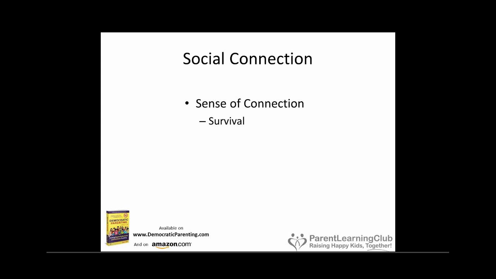This is almost the mother of all needs, especially for children, because children are innately dependent on adults for their very survival. Their survival is dependent upon how connected they are to the adults around them.